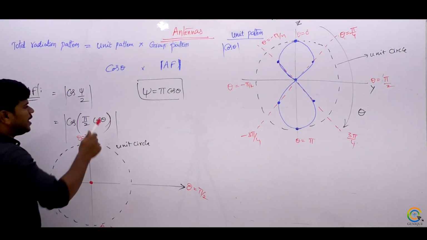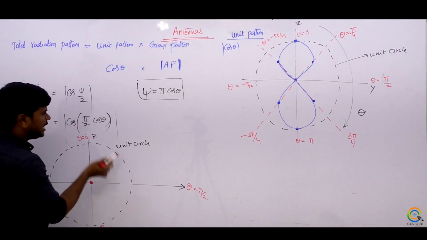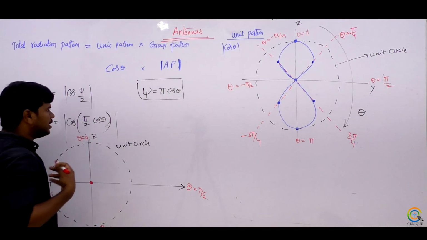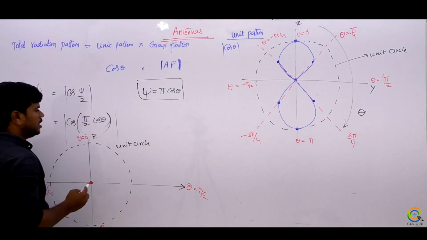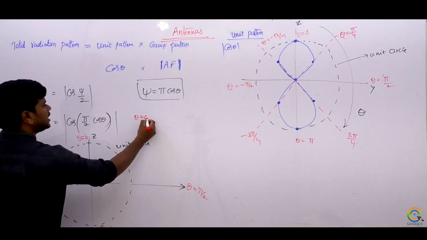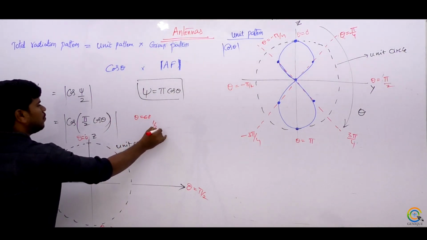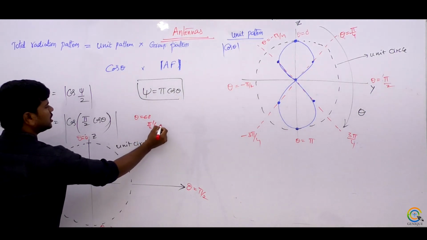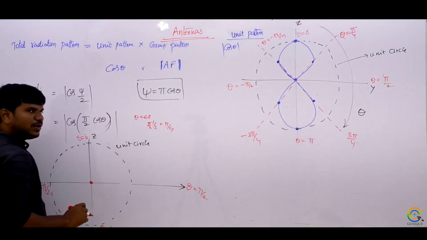Now if I take any mid value which is convenient for me, if theta equals some 60 degrees, what happens? Cos 60 is 1 by 2, 1 by 2 into pi by 2, so this will be pi by 4. Cos pi by 4 is 1 by root 2.